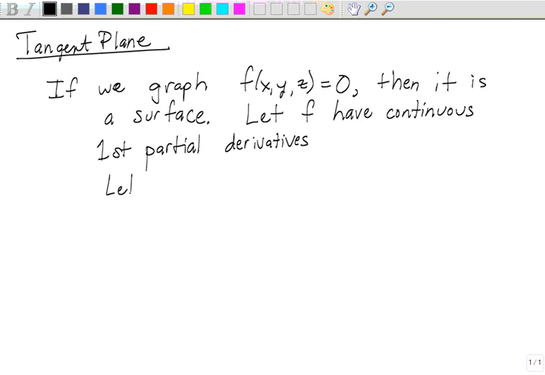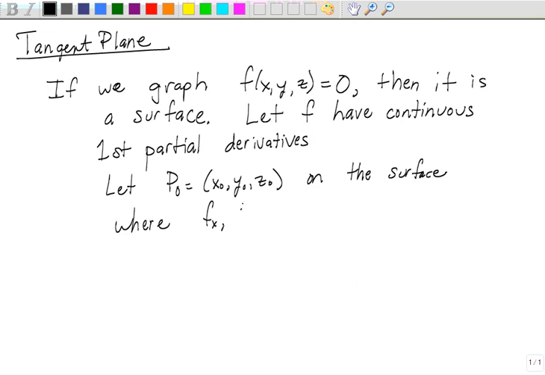Okay, also let P0 be the point x0, y0, z0 on the surface where the first partials of the function are not all 0.